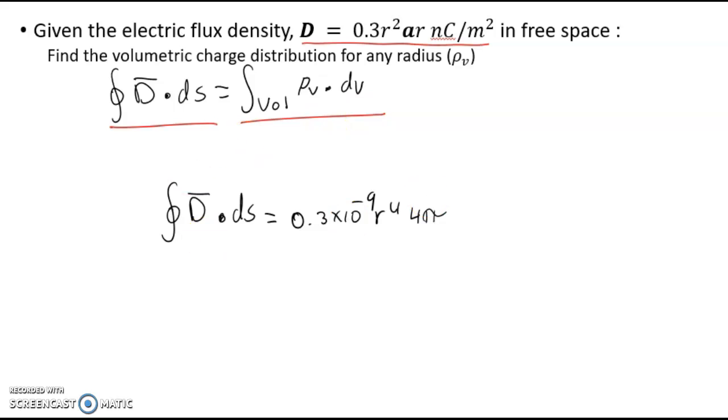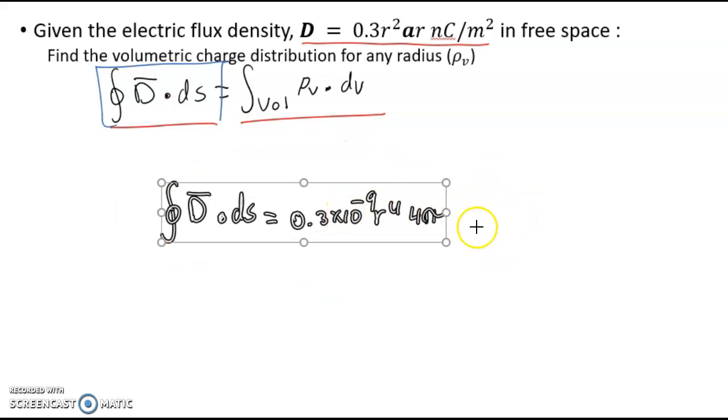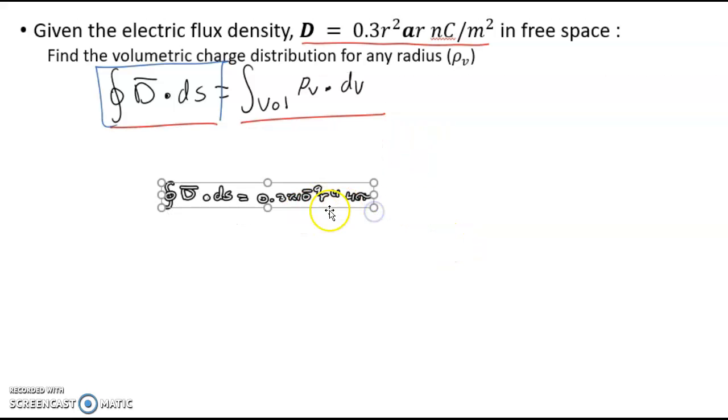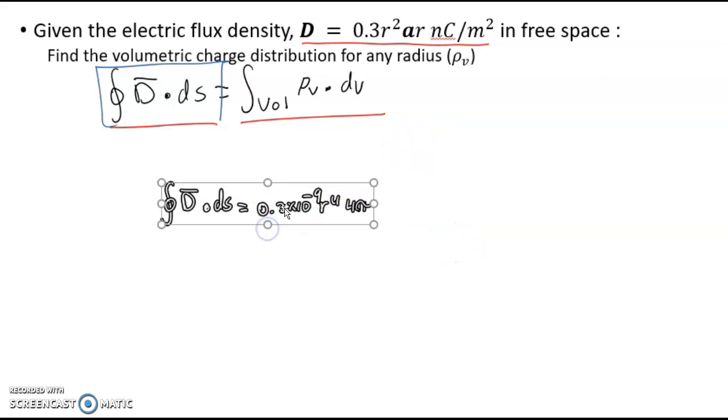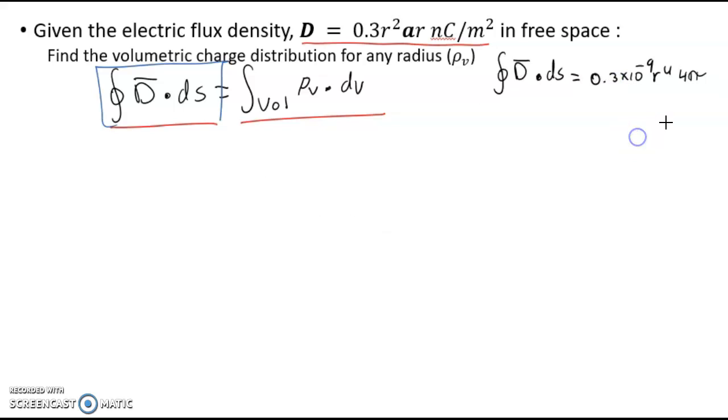So we already know the answer for the left part of the expression. We'll just take it and save it for later over here.